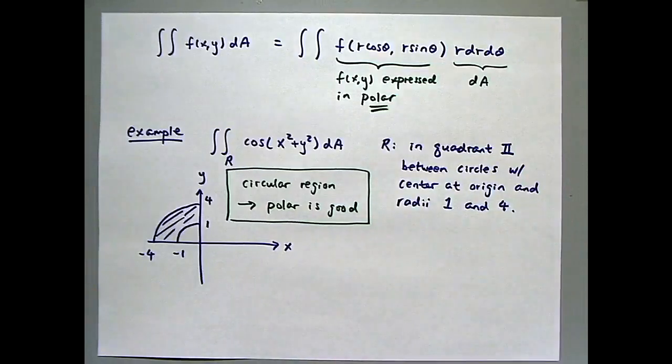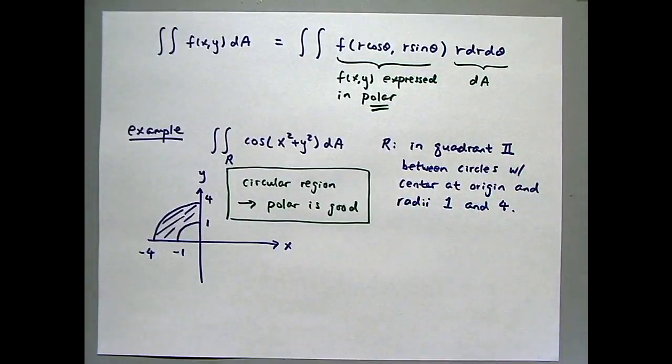In general, if you look at your region R and it has something to do with a circle, or a paraboloid, or something that's circle-like, that's always a case where polar is better than Cartesian. If you're dealing with a rectangular kind of region, then you stick with rectangular. But if you ever see a circular kind of region, always consider transferring everything to polar and then do your integration.